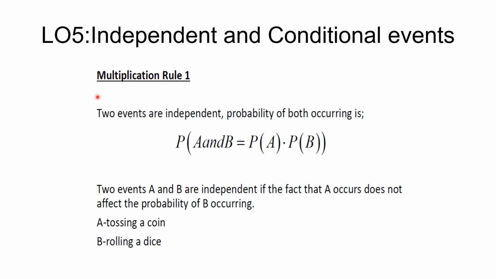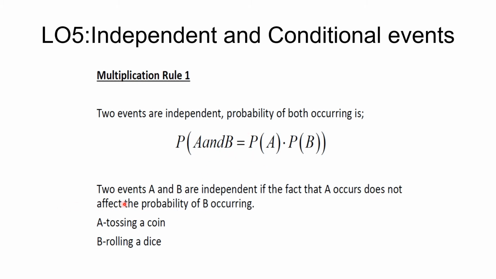So the first is multiplication. Just now we looked at the addition rule, now we will look at the multiplication rule. When two events are independent, the probability of both occurring, A and B, is, when you say and, you actually multiply the probability of each individual event, like here P(A) and P(B).